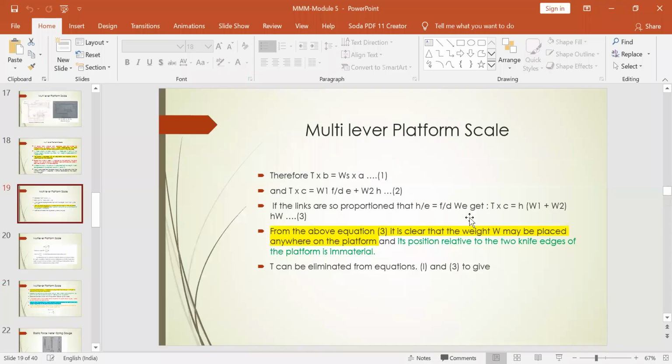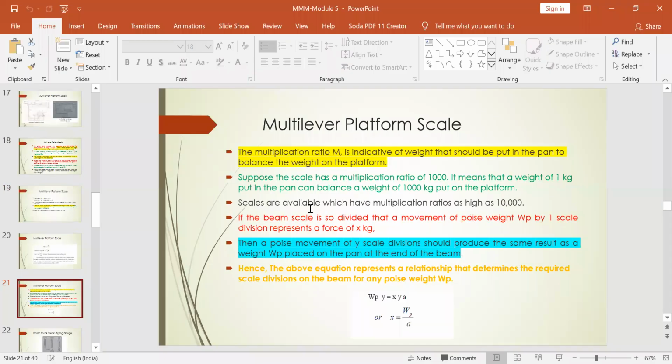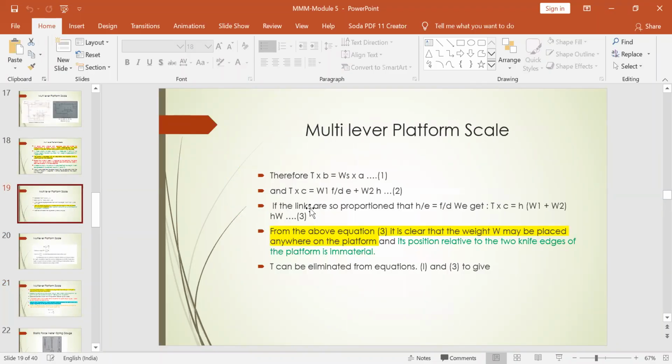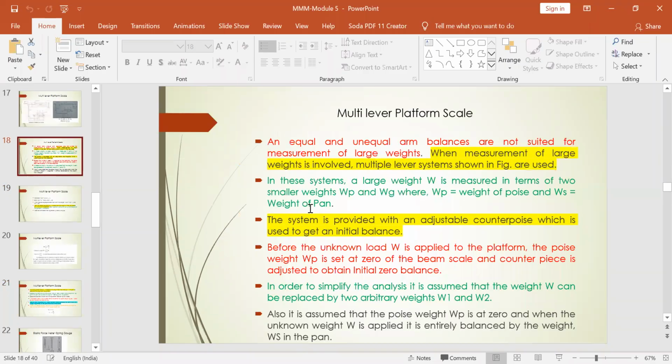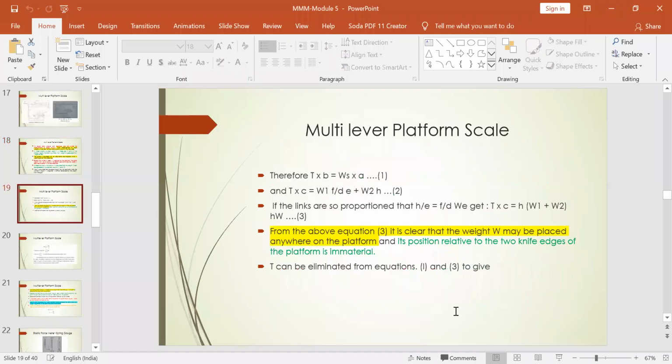First we explained how to operate the multi-lever platform scale, what it is used for, how you balance to get equilibrium in the balance arm, and how you place the weight on the platform. After applying the weight on the platform, how do you calibrate again to make WP reach zero value.